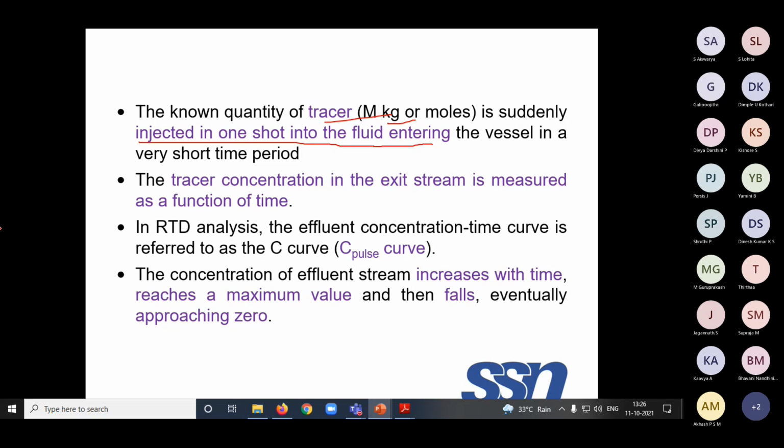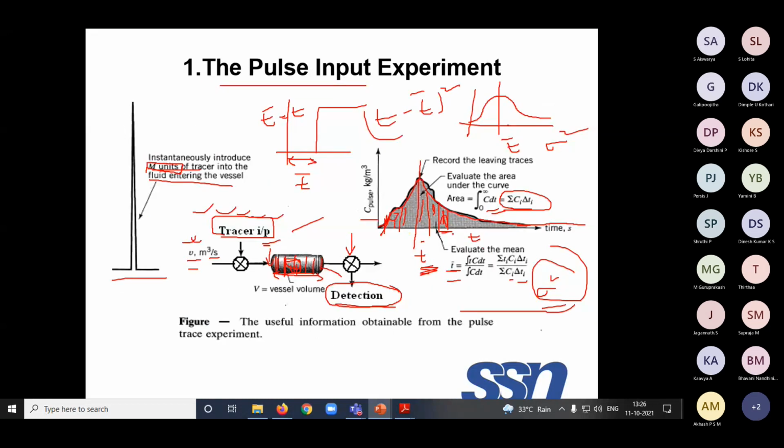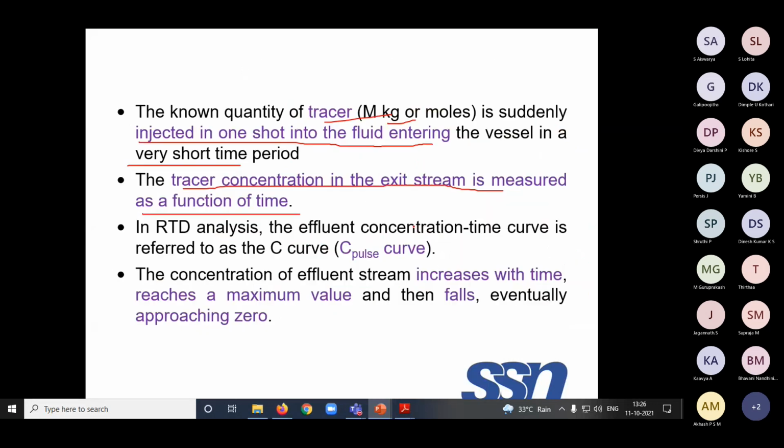But if it is a very short time, your pulse input becomes an impulse input. The tracer concentration in the exit stream is measured as a function of time. That is what you did here. The tracer concentration is measured in terms of time, and you are drawing a C curve, right?